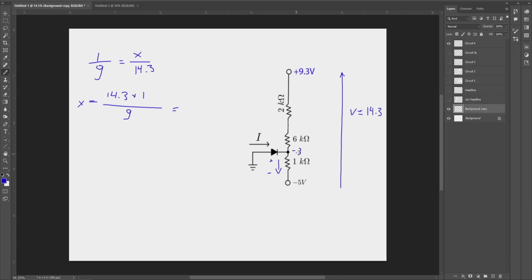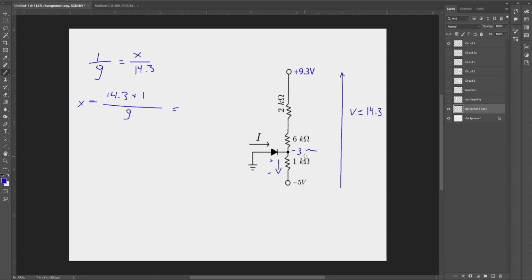Minus 3 point something, whatever it is. Which means that this diode is forward biased. And that's before we connect the diode. So what does this tell us here? Now, that tells us if the diode is forward biased, the voltage across it is going to be 0.7 volts.